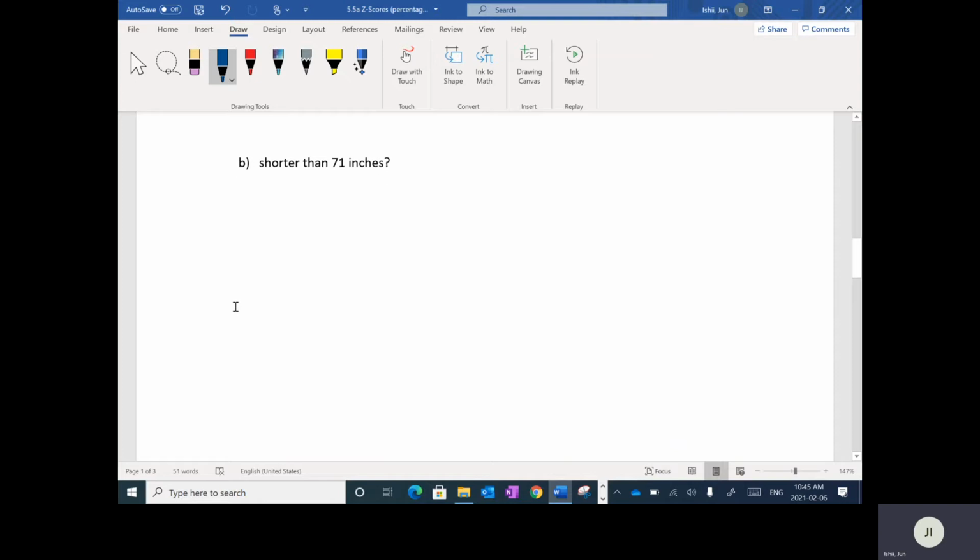So first step here again, I'm going to convert it. Z is equal to, again, X minus the mean divided by the standard deviation. In this case, Z is equal to 71 minus the mean, which was 70, divided by the standard deviation, which is 4.